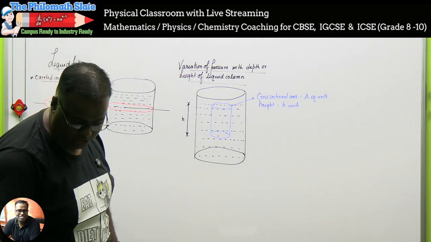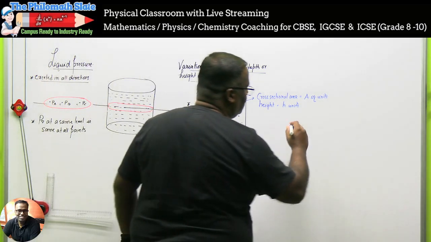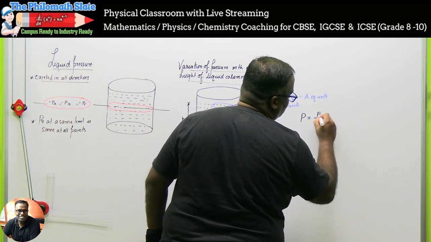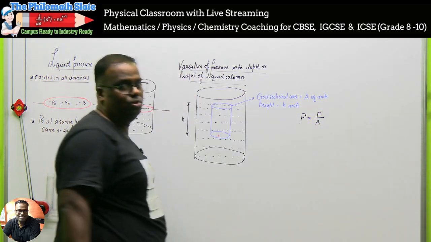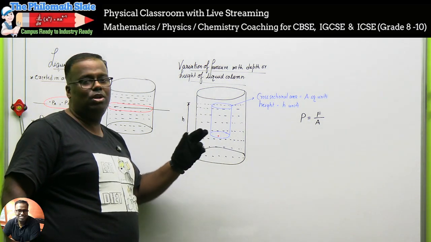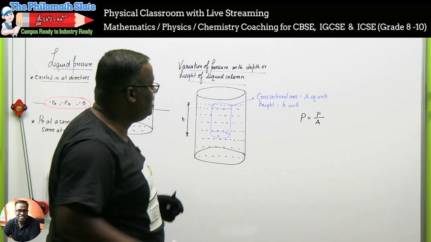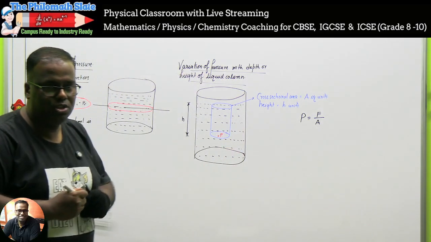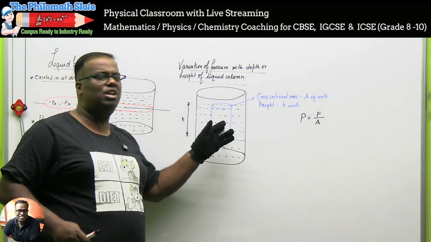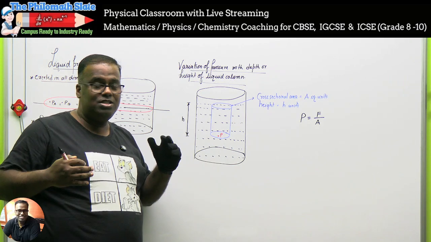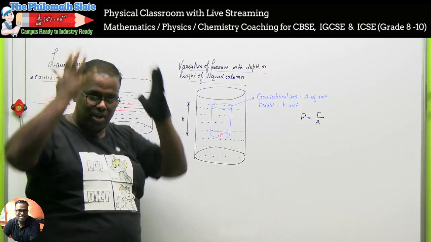Understood? So I go by my usual definition. Pressure is equal to force upon area. Yes or no? Yes. Now what is the force that this particular point P is experiencing? The force is equal to the weight of this liquid column.